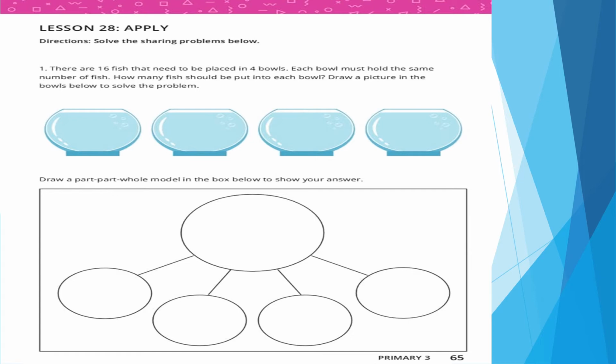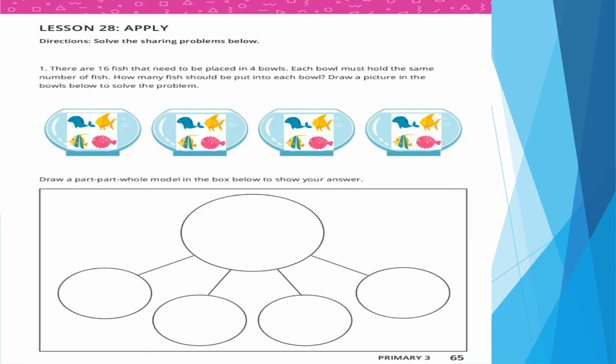We have 16, so we want to distribute them equally. 1, 2, 3, 4, 5, 6, 7, 8, 9, 10, 11, 12, 13, 14, 15, 16. So if we want to distribute them equally, we will put in each bowl 4 fish.